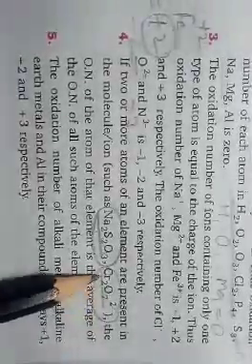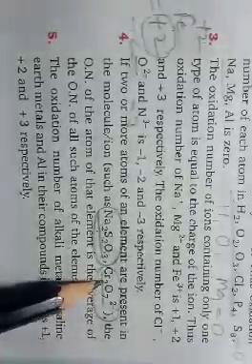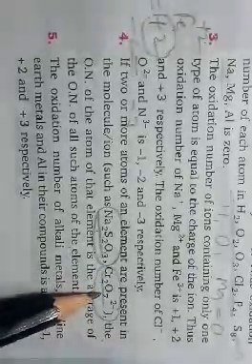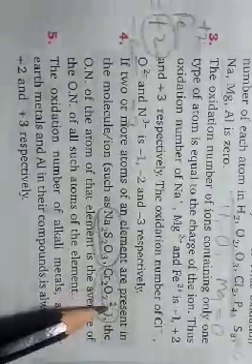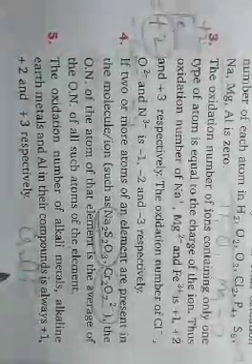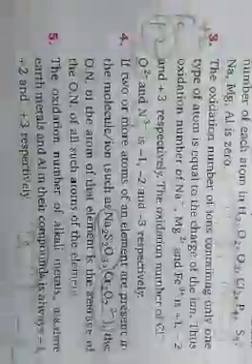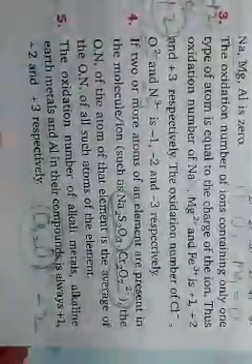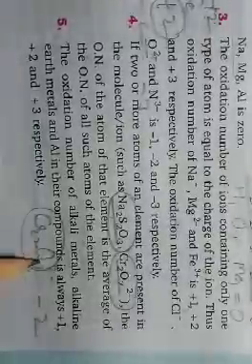Okay, so take Cr2O7, the dichromate ion, Cr2O7 2 minus. The oxidation state of this ion is minus 2, and this oxidation number is actually the average of the oxidation states of chromium and oxygen present here.